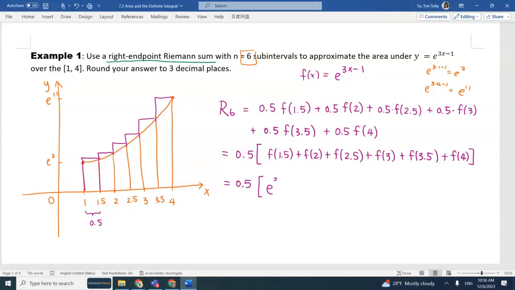So here, e to the 3x, x is 1.5, minus 1, plus e to the 3x, x is 2, minus 1, plus e to the 3 times 2.5 minus 1, plus e to the 3 times 3 minus 1, plus e to the 3 times 3.5 minus 1, plus f of 4, so e to the 3 times 4 minus 1.